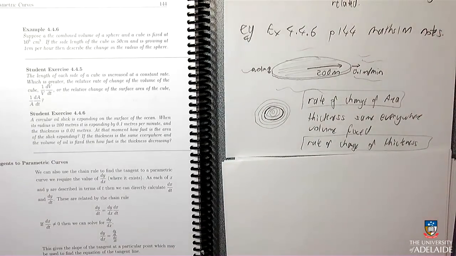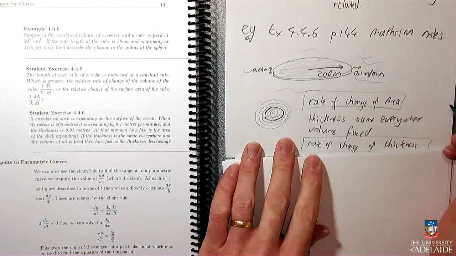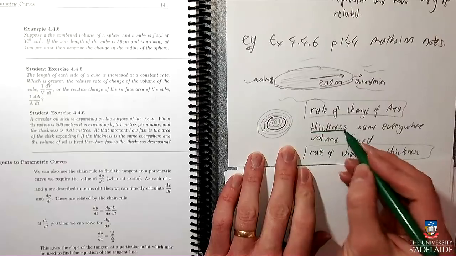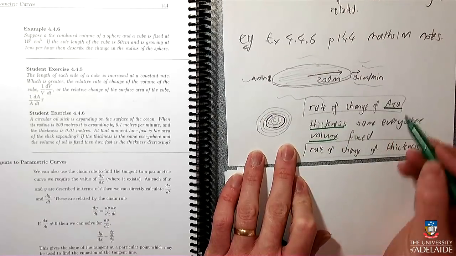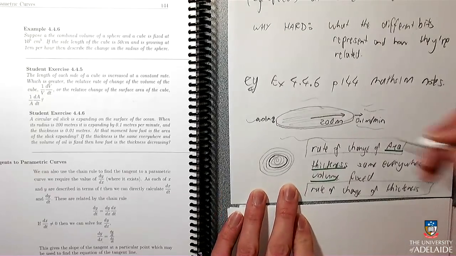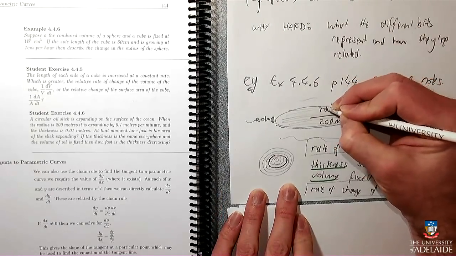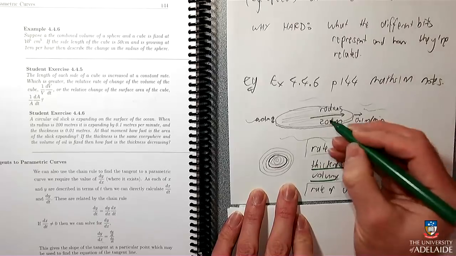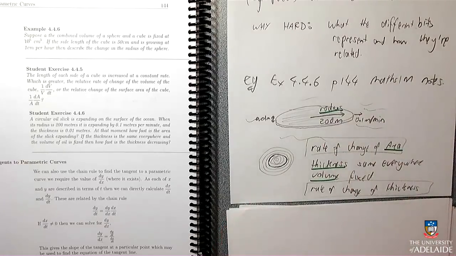Okay, so the quantities that are mentioned so far are the thickness and the volume and the area and the radius. So those are the quantities that are mentioned in this problem, thickness, volume, area, radius, and we have various rates of change of those things.